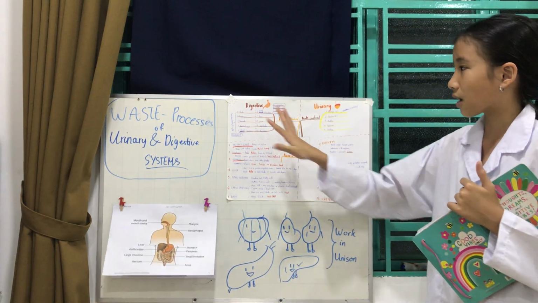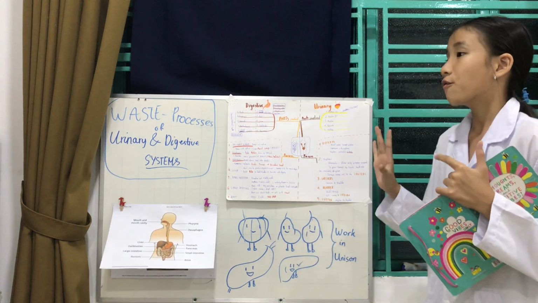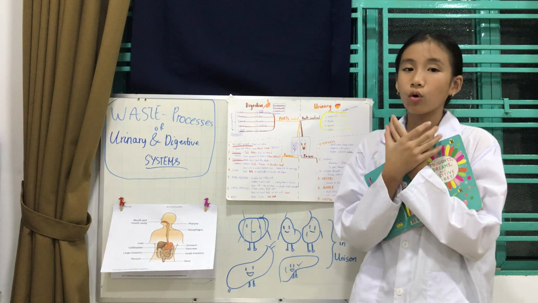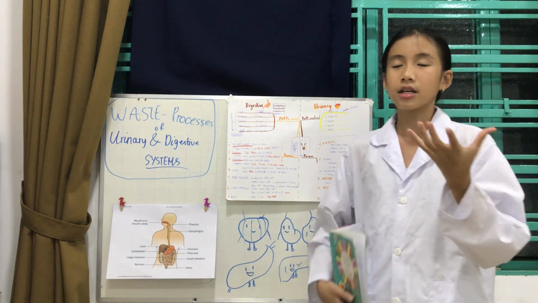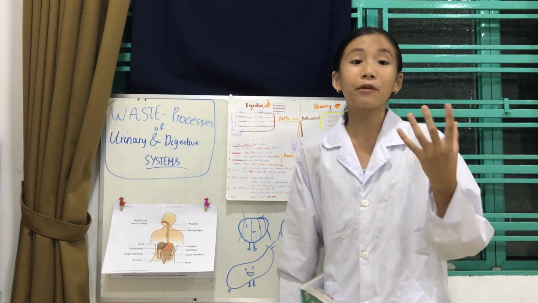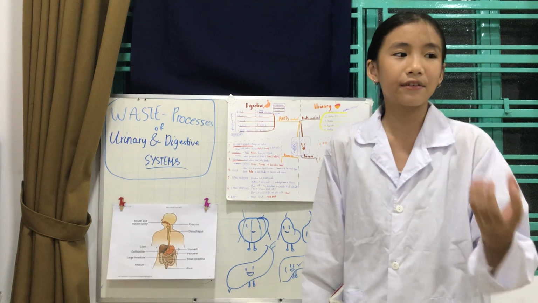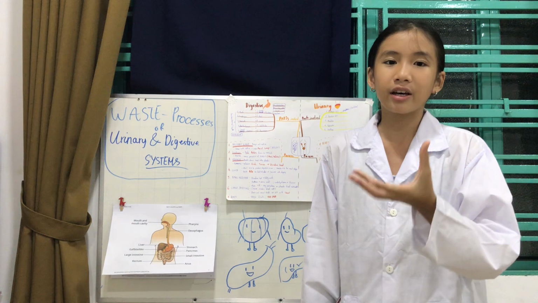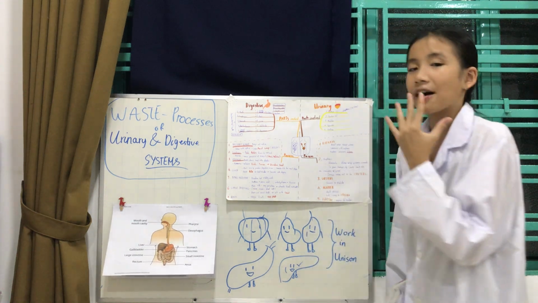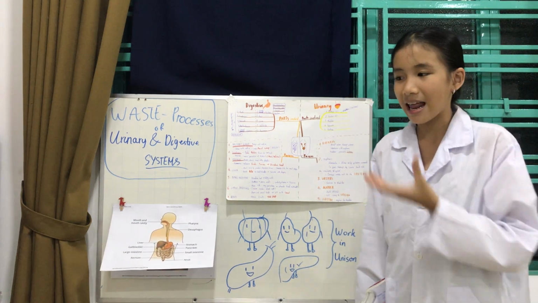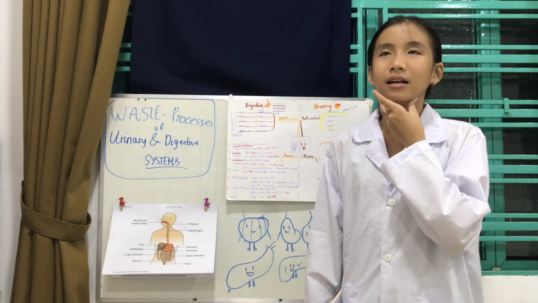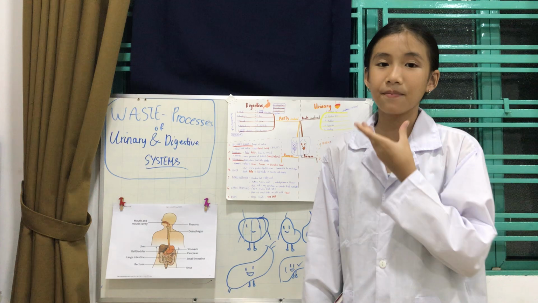Now, let's talk about the process of the digestive system. Firstly, it starts in our mouth, of course, or our oral cavity. First, we eat the food, but before that, even if we haven't eaten the food yet, we smell the food, and then our salivary glands will produce saliva.